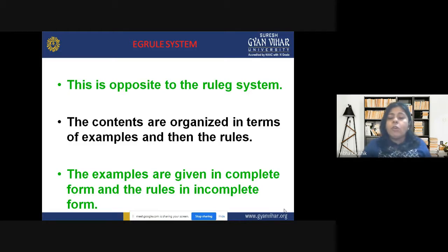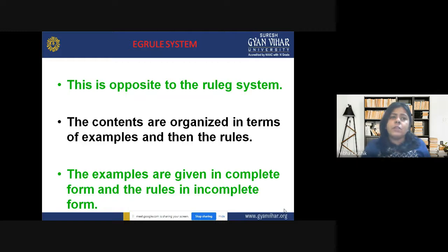Now, what will the programmer do to develop the program according to the EG rule system? The content has to be organized in such a way that the programmer first presents a numerous number of examples related to that particular topic or content.